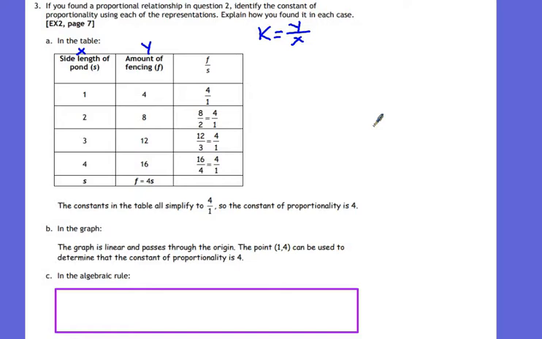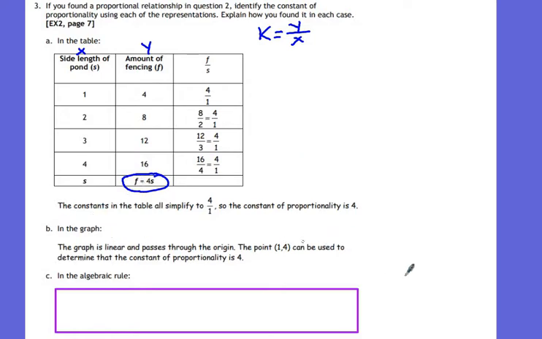C says, in the algebraic rule, what was our algebraic rule? It was this right here, right? F equals 4s. In that rule, we need to know how we know it's proportional and what my constant of proportionality is just by looking at the algebraic rule.